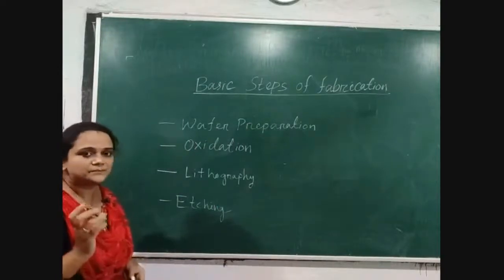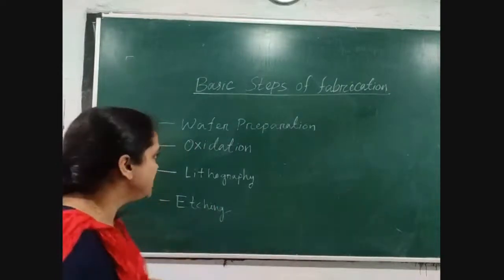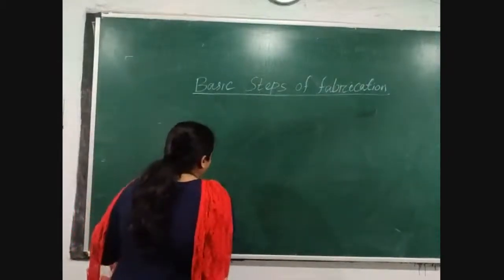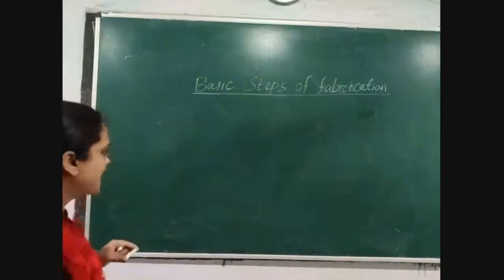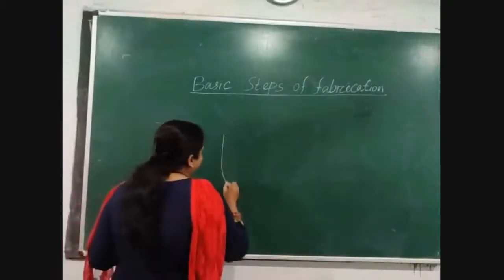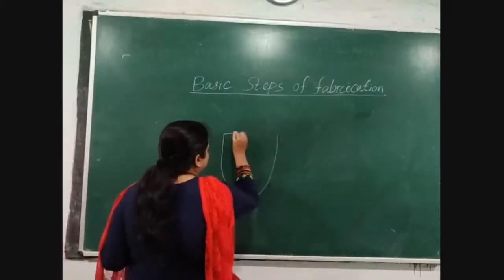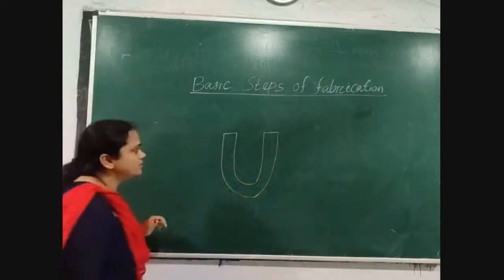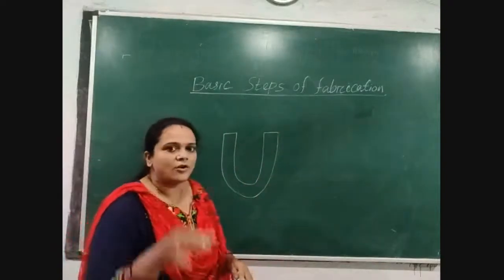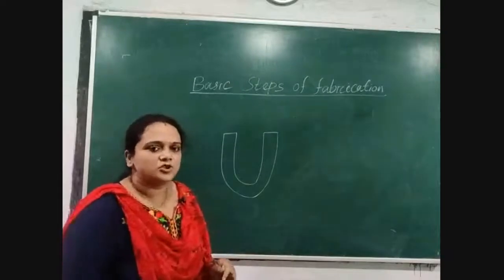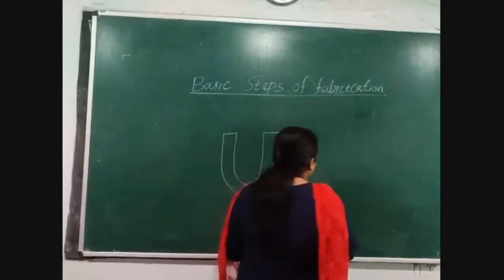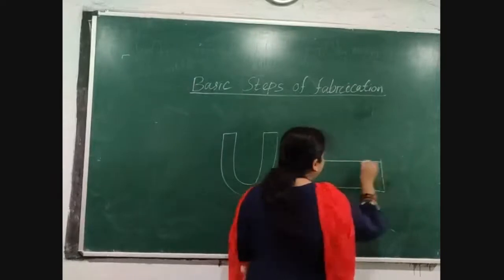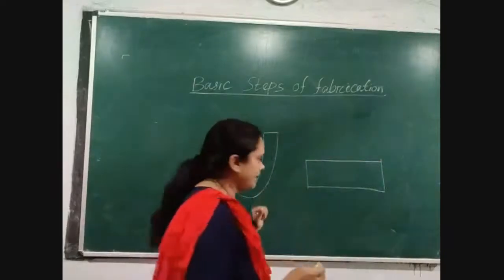So what is a pattern? Pattern means a design. Let's assume this as a design and we want to create this design on the surface of a chip. So chip means first we take a substrate and on that surface we do all the things.